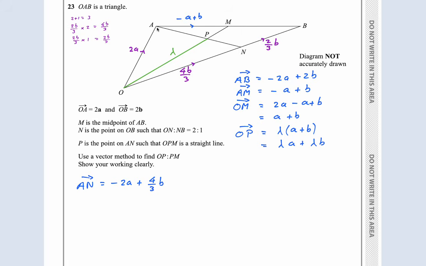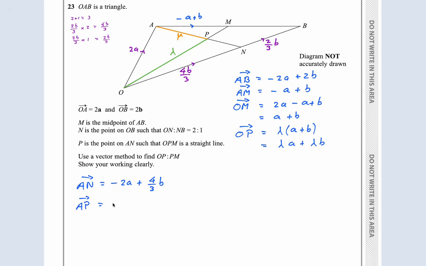Then A to P, same kind of issue. I don't know what this ratio is, so I'm going to call it mu. Mu is the fraction of the full line AN, the fraction of that line from A to P. So I'm then going to say AP, this is obviously a really hard question.